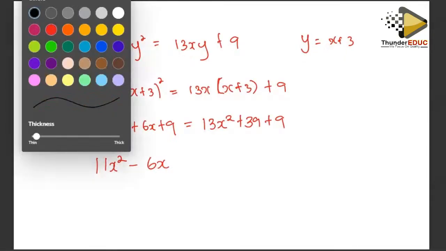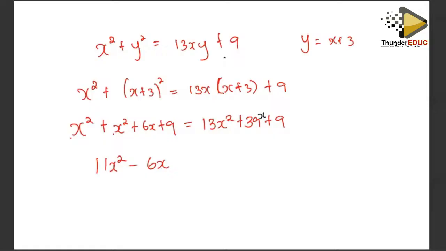That's what I'm saying. Let's avoid mistakes. That's a 39x now. And then plus 9, meaning that this is not a 6. It's going to be a 33x. This 9 cancels the 9.